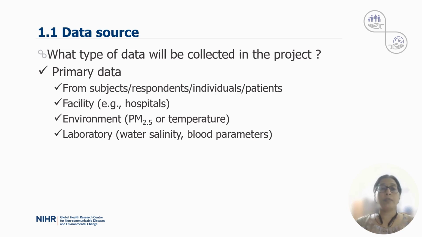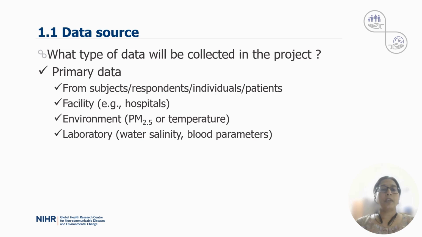Your primary data could also be at the facility level, for example, hospitals. You want to assess a hospital, the facilities within a hospital. Your source could be the environment, for example, particulate matter or temperature. Or your primary source can come from a laboratory, such as water salinity or certain blood parameters from the blood sample given by the respondents.